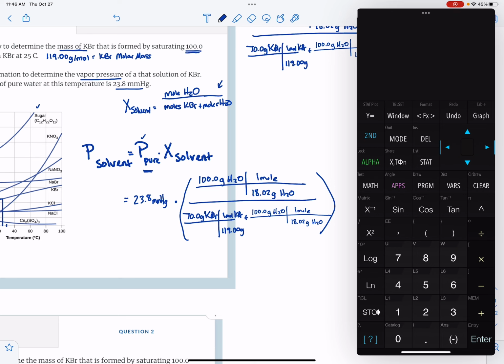And I've got 23.8 times parentheses. And then I'm going to do 100 divided by 18.02. That's the top part. And then divided by, and this I am going to need parentheses, 70 divided by 119, so that parentheses, plus 100 divided by 18.02.